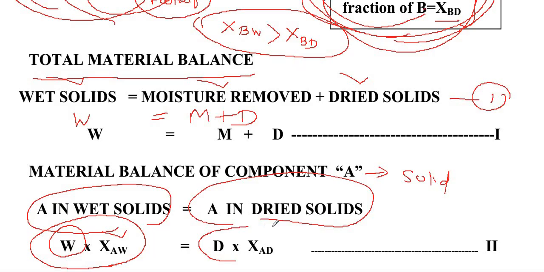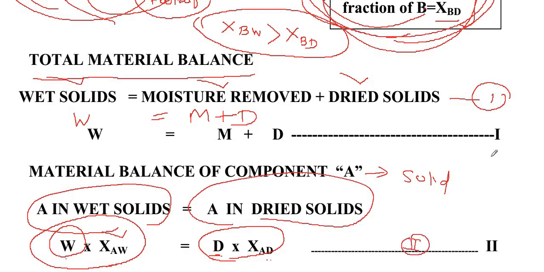This total quantity gives the amount of solids in wet solid. Similarly, solids in dried solids are given by D, the total amount of dried solids, times XAD, the fraction of solids in dried solids. So W XAW equals D XAD is our second equation.